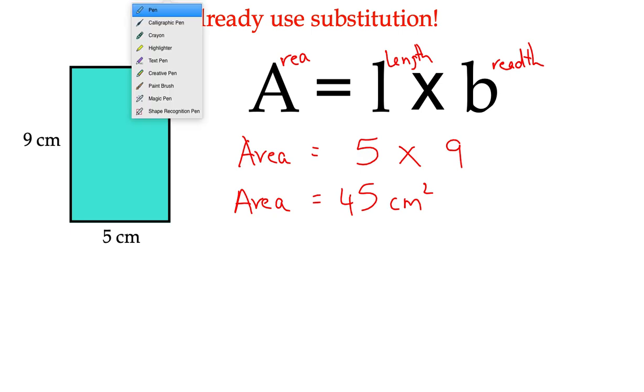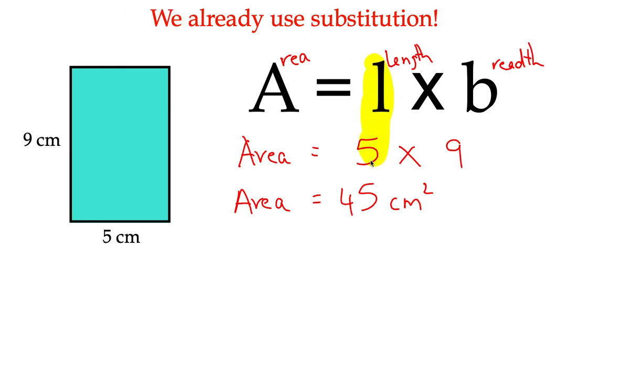All we've really done is we've taken an algebraic expression, this time called a formula, and we've said we're going to swap in the number 5 for L, and we're going to swap in the number 9 for B, and then we do the number part.